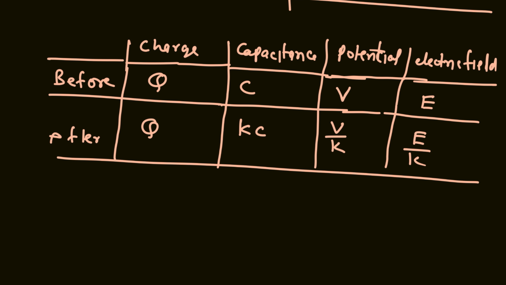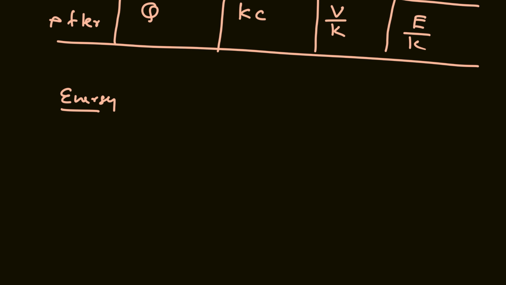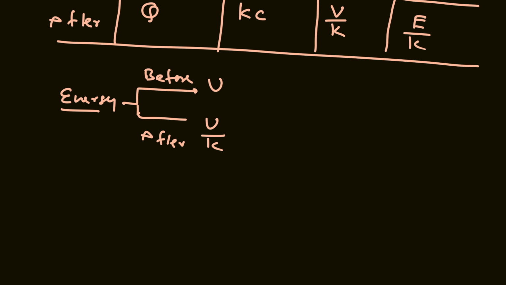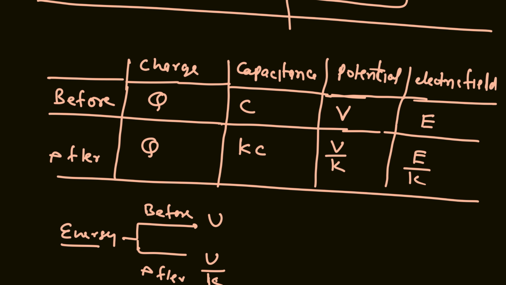Then energy: before U, after U by K. Then everything will decrease except capacitance.